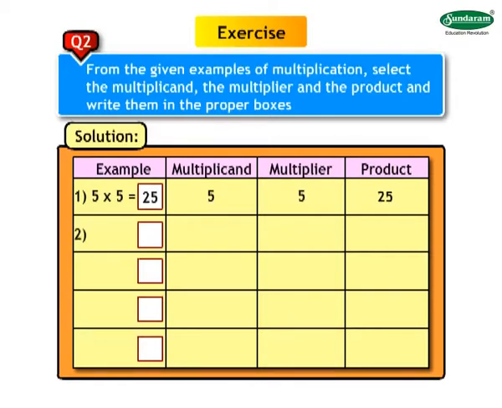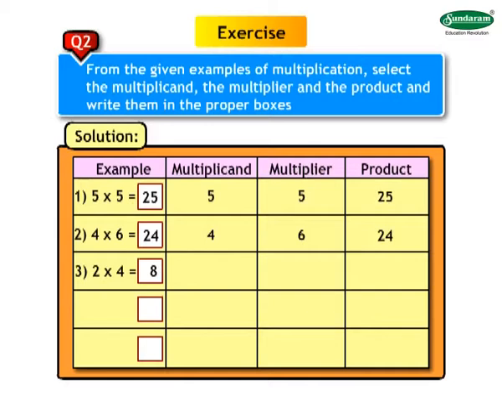2. 4 into 6 is equal to dash. When we say the 4 times table, we get 4 sixes are 24. So, 4 is the multiplicand, 6 is the multiplier, and 24 is the product. Third, 2 into 4 is equal to dash. 2 fours are 8.